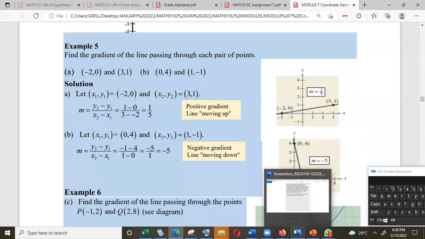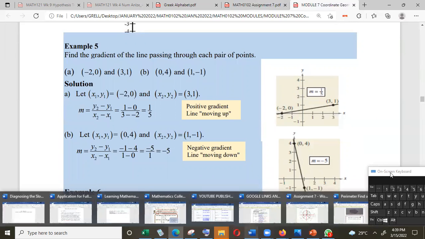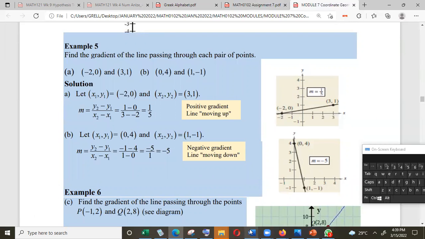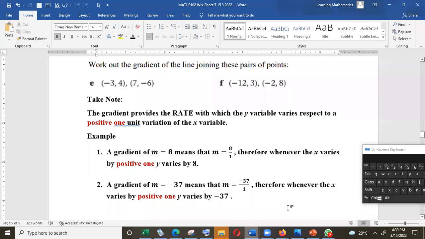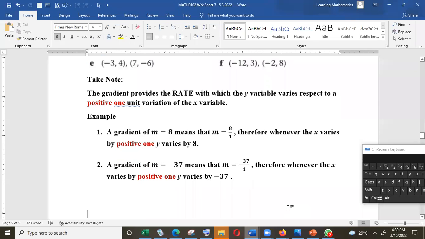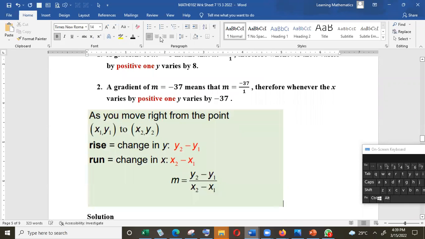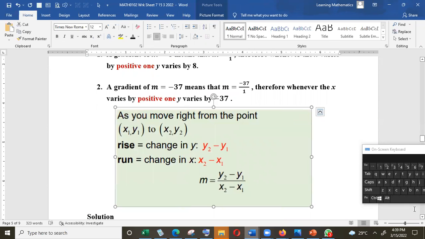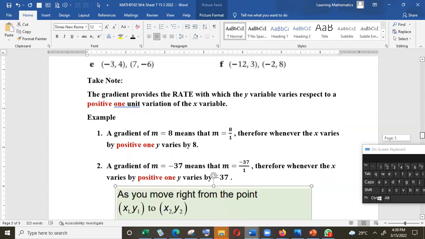And the letter m denotes its symbol. So here's the formula we're going to use, y2 minus y1 over x2 minus x1, and we need that same format.